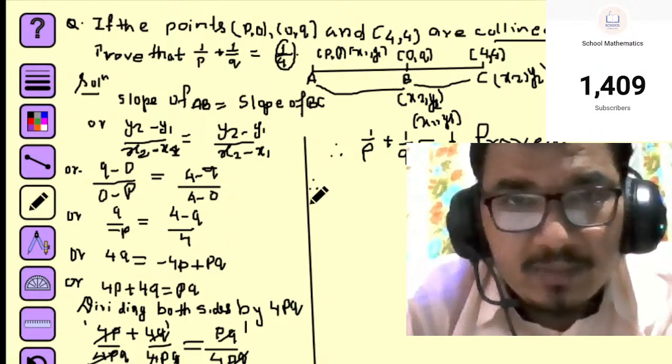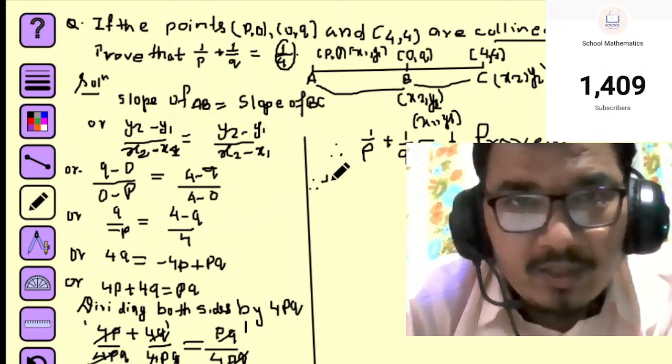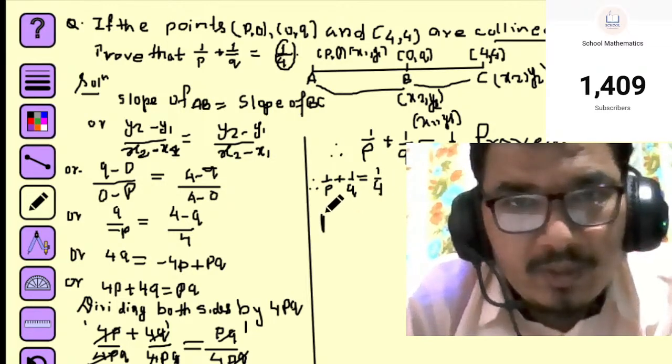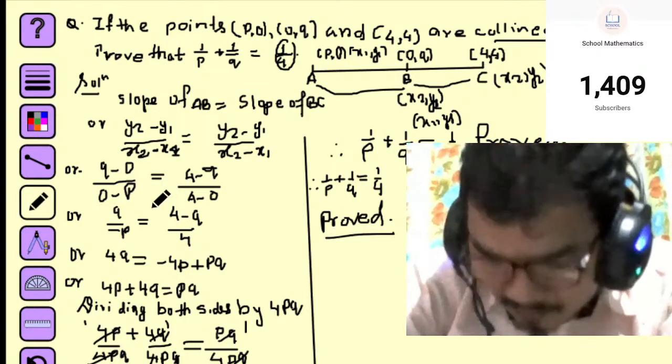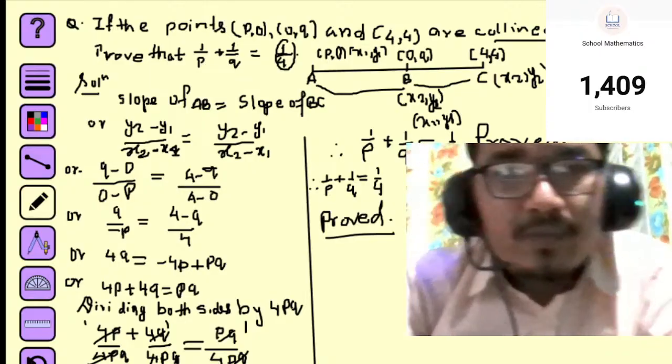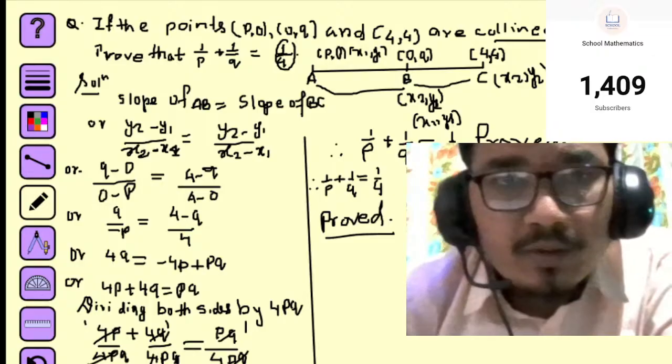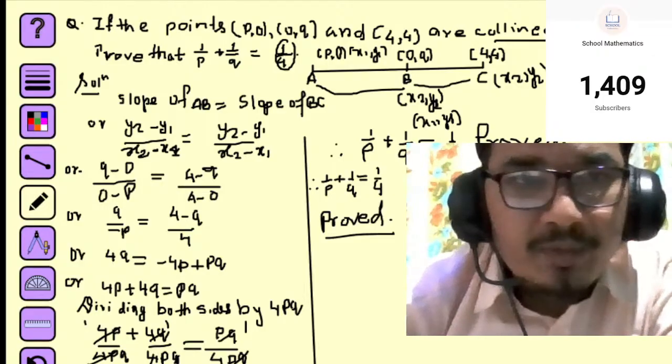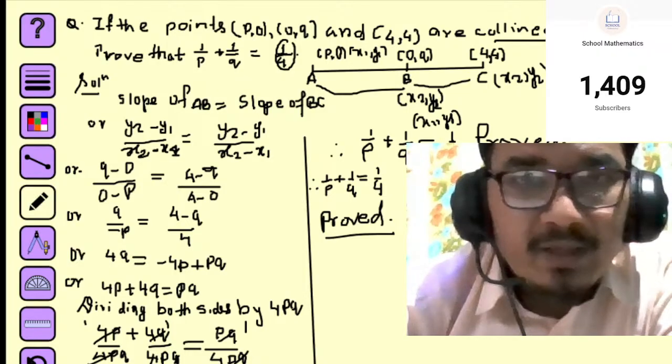When you cancel this, the second one remaining is 1 by p, which I write first, plus the next one remaining, 1 by q, and last, 1 by 4. Then we have proved the condition which was given to prove. In this question, I hope you understood now, right? Like this we have to prove it, by cancelling and taking what remains.